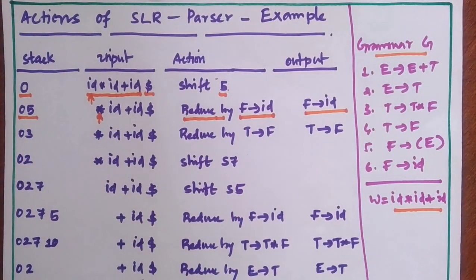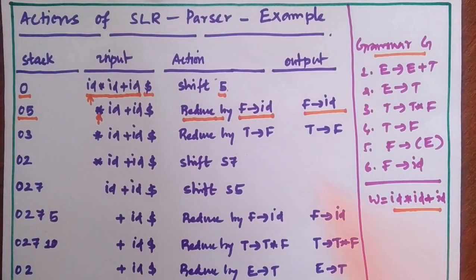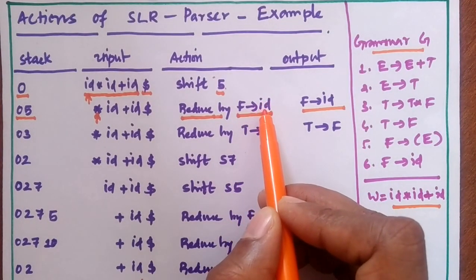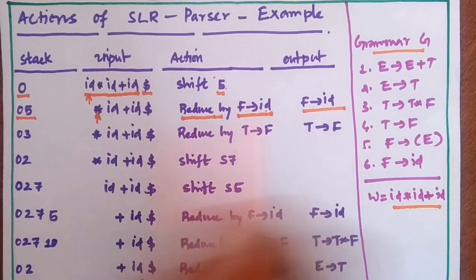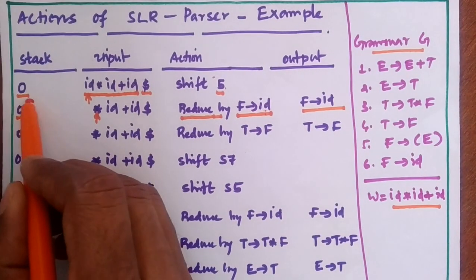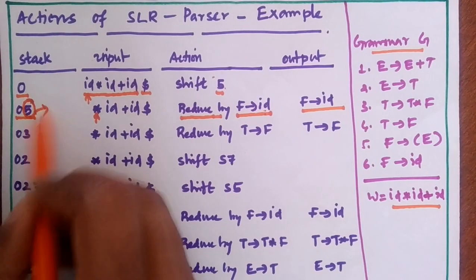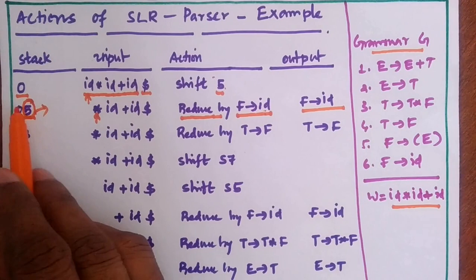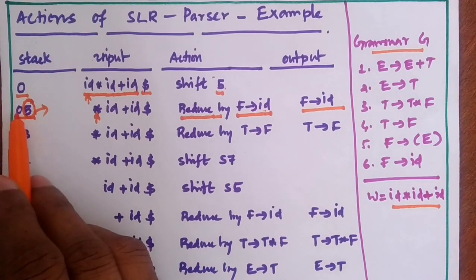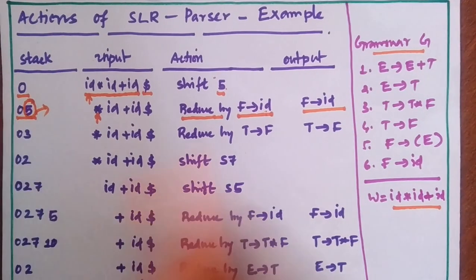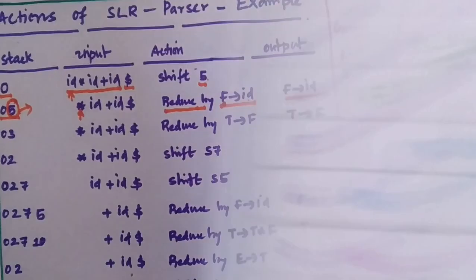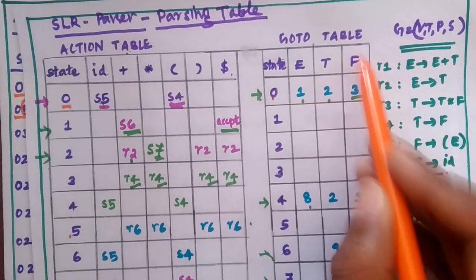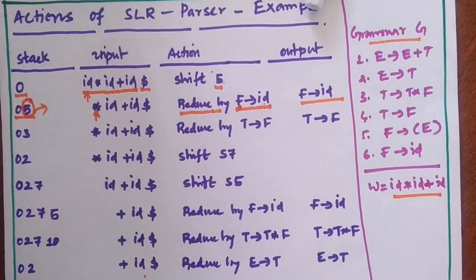The reduce operation works as follows: first it computes how many symbols are on the right side. There is 1 symbol, so it will pop 1 symbol off the stack. Then the stack contains 0 on the top. The parser will refer to the goto table using 0 and F. Goto table 0 and F is 3, the state is 3.